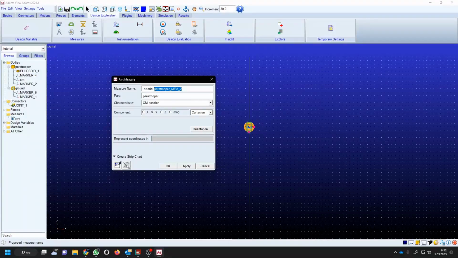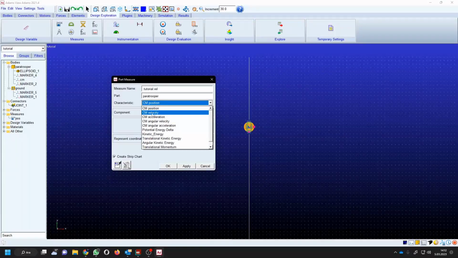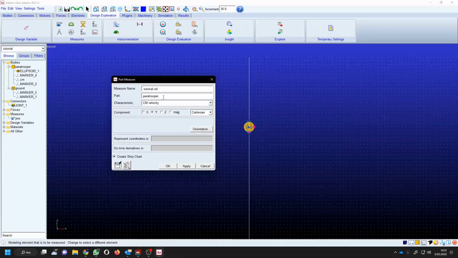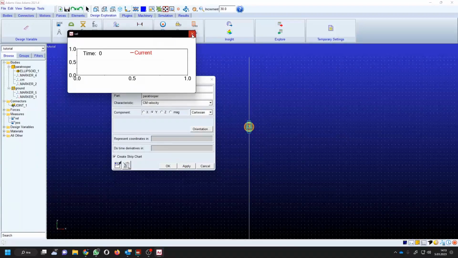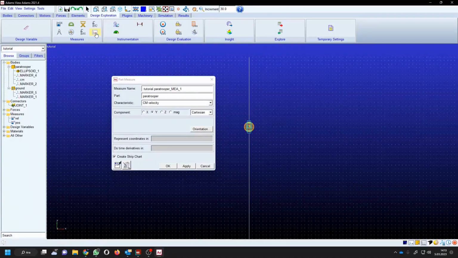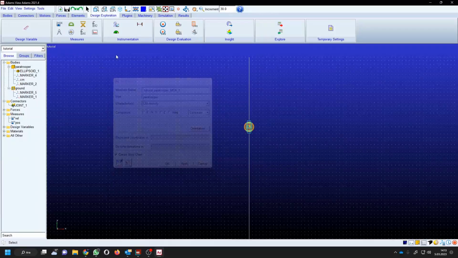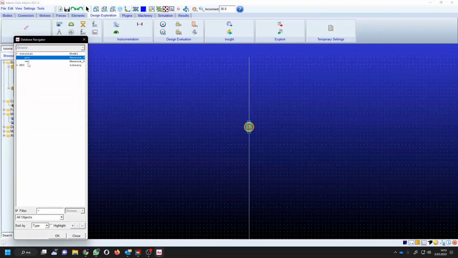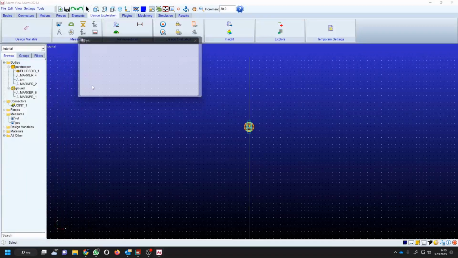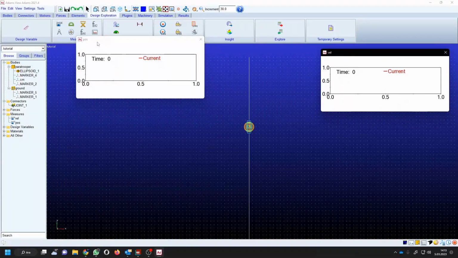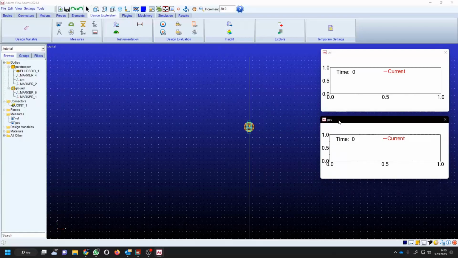I will create another measure as velocity, the center of mass velocity of my paratrooper part, this part, in the y direction. Apply. Okay. I want to see those scopes on my screen.